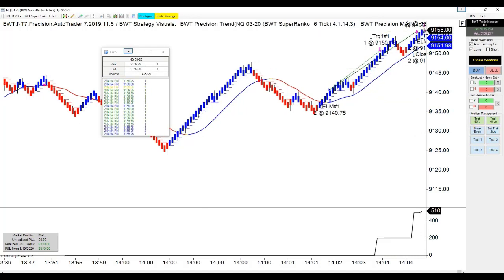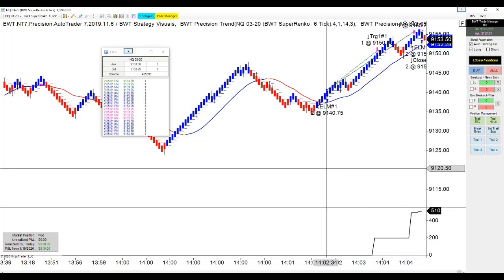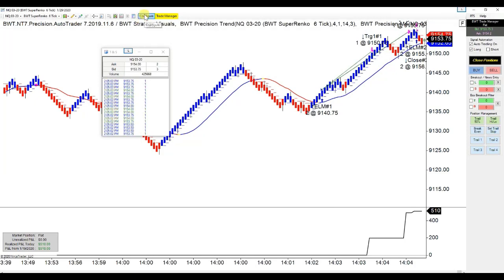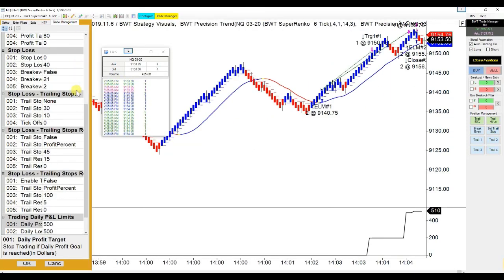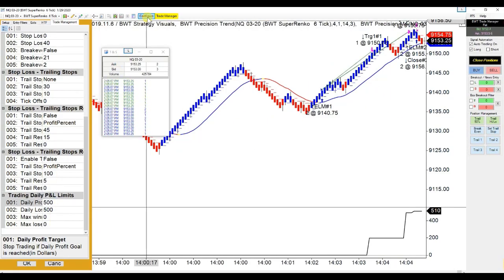Here we go with positive slippage. So they fooled me earlier, but did not fool me now. So I kind of get to redeem myself a little bit. Here's the template, $500 target.